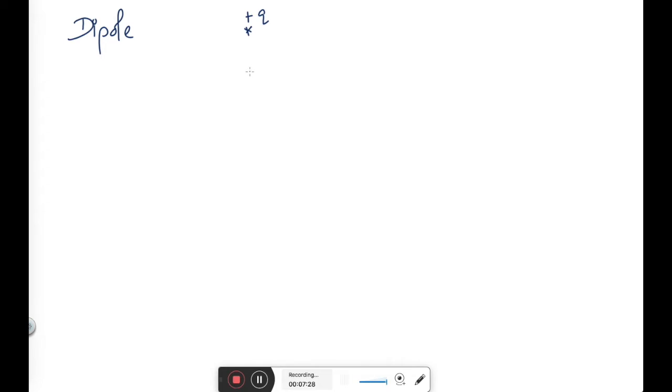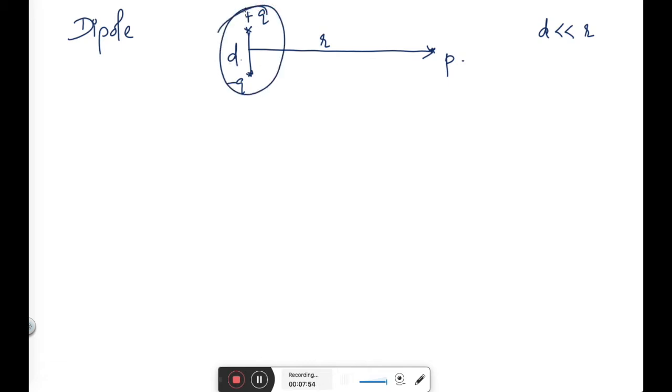You have plus Q here and minus Q here, separated by a distance d, and here you have a point P at a very large distance r. The value of d is very small compared to r, so the total charge distribution can be taken as a point charge. The total charge of the dipole is plus Q minus Q, which becomes 0.